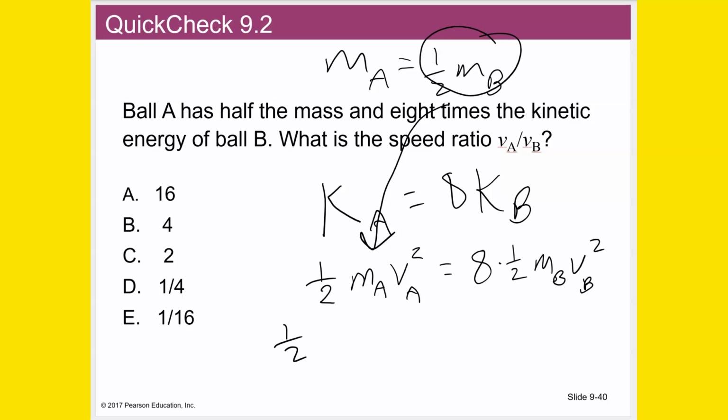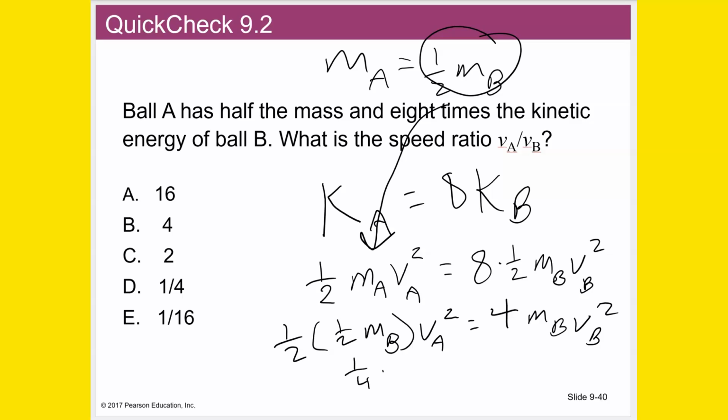So 1/2 times 1/2 MB VA squared equals 8 times 1/2, which is just 4 MB VB squared. All right. So this is 1/4 MB VA squared equals 4 MB VB squared. I can go ahead and cancel the MB's. If I divide both sides by that term, they can both cancel out.